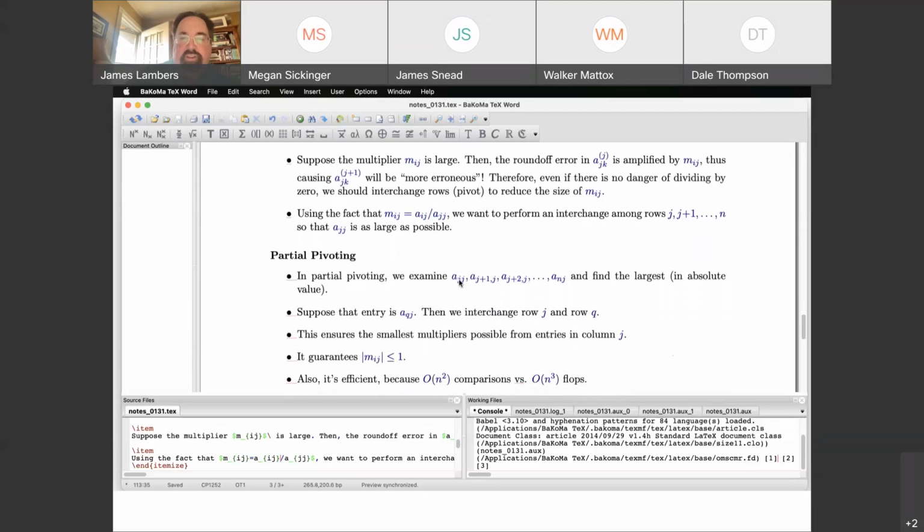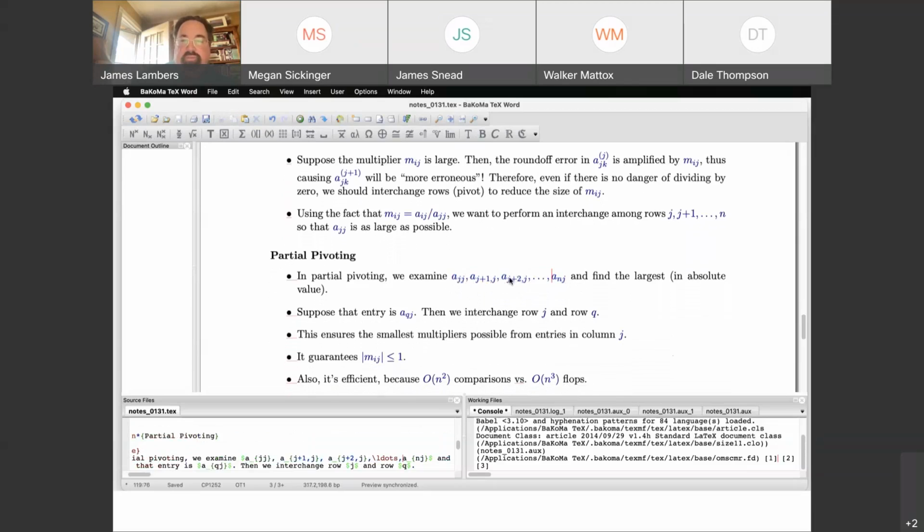So in partial pivoting, you're about to work on a column j. Here's your diagonal entry in that column, and here are all the entries below it that you're about to eliminate. What you do is you examine all of these, iterate over all of them, do comparisons, and find which one is the largest in absolute value.